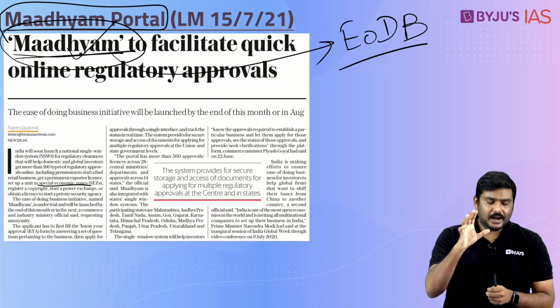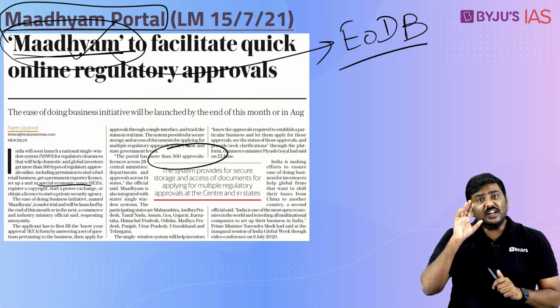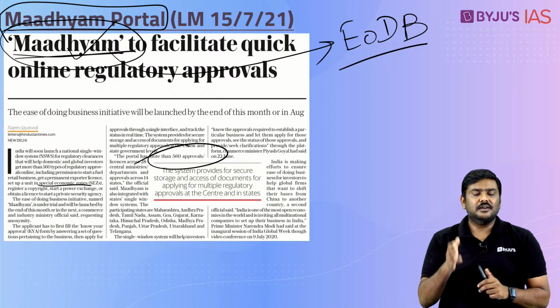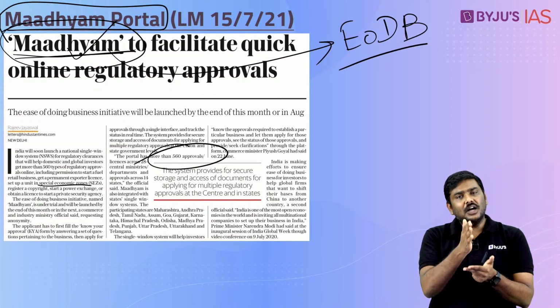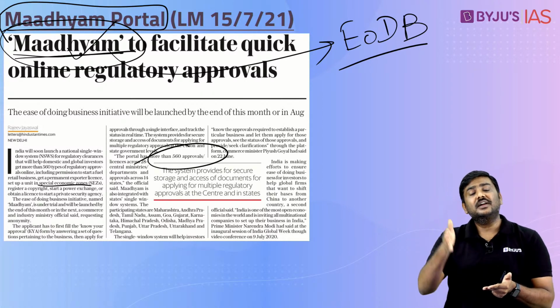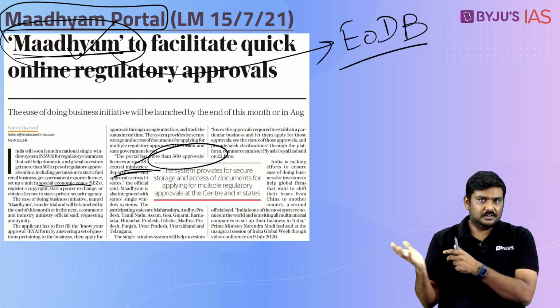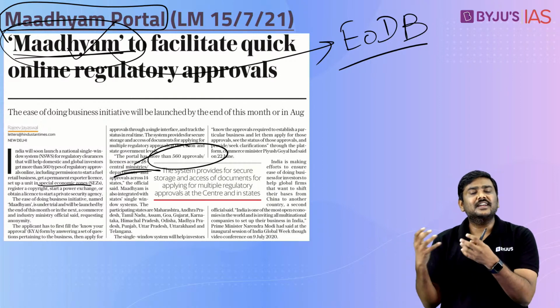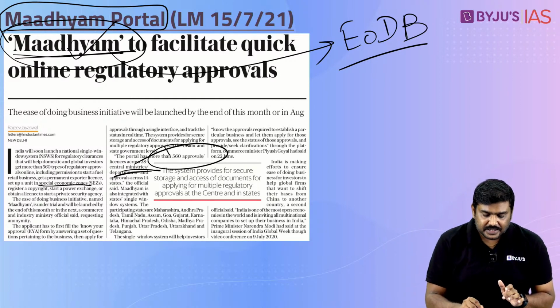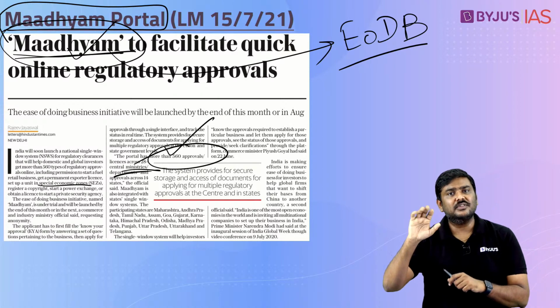And the article simply says around 560 such approvals, be it at the central government level, different ministry level, department level, or even at the state government level, can be easily sought by the investors now.